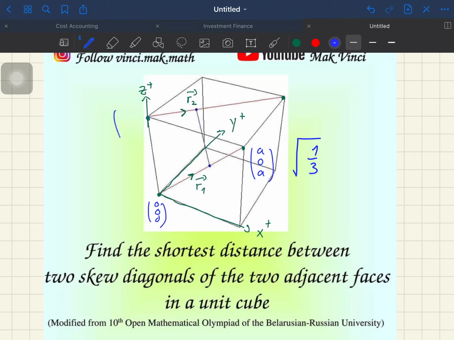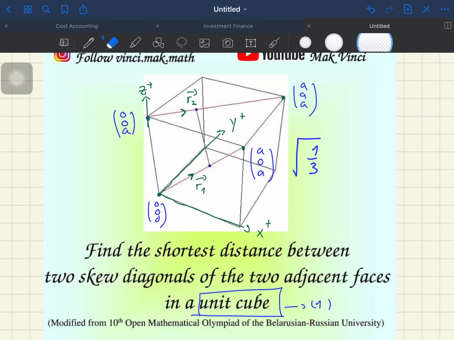How about this one? You can have 0, 0, a, because you have not moved the point along the x and the y-axis. And this one definitely is a, a, a. In this question, the unit cube is used. What is meant by unit cube? Unit cube means the side length of the cube is 1.